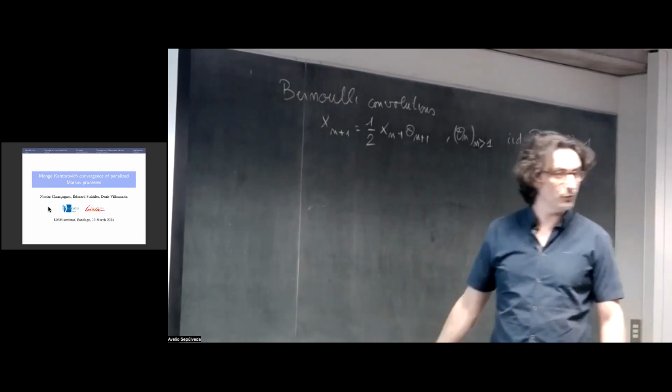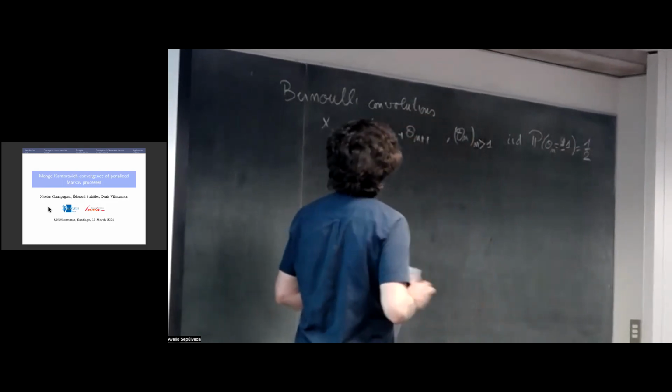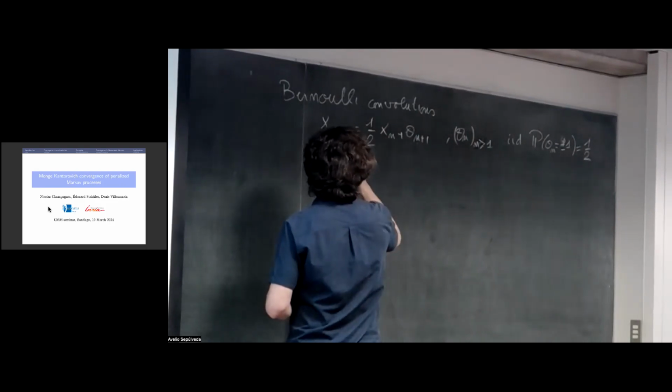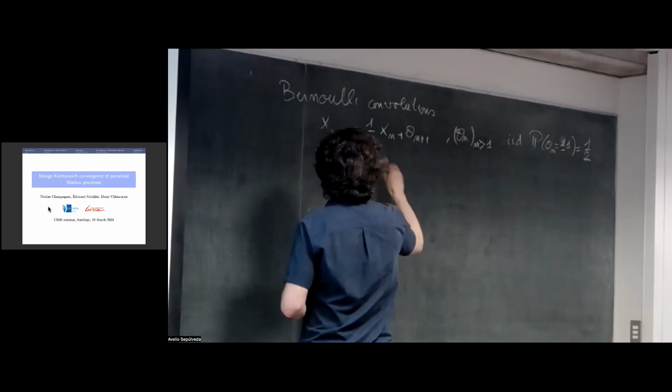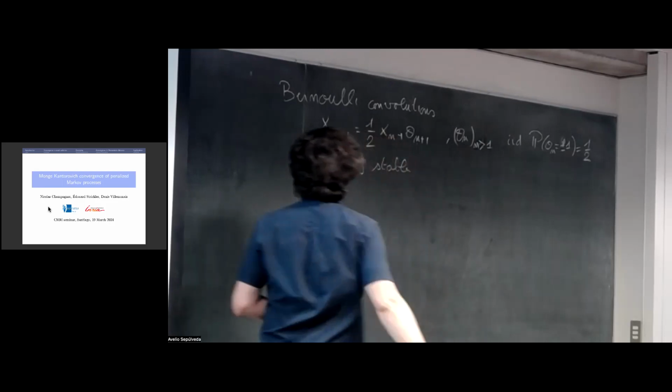So very simple. And so doing that, well, first of all, you can observe that the interval -2 to 2 is stable. I mean, if you start from this set, you stay in this set.